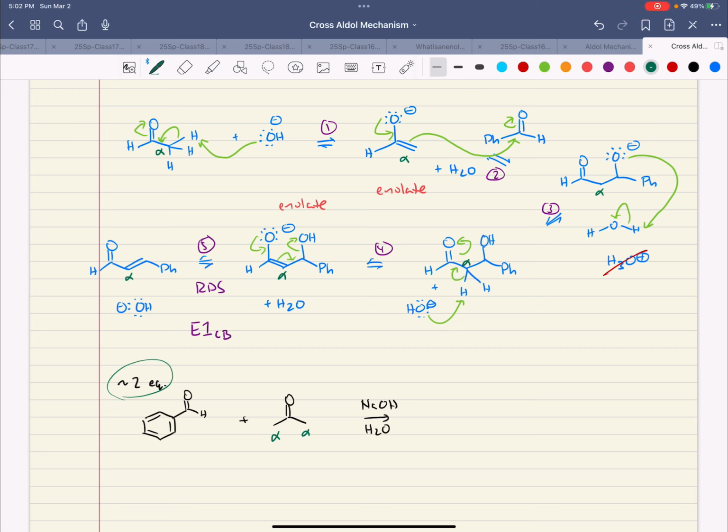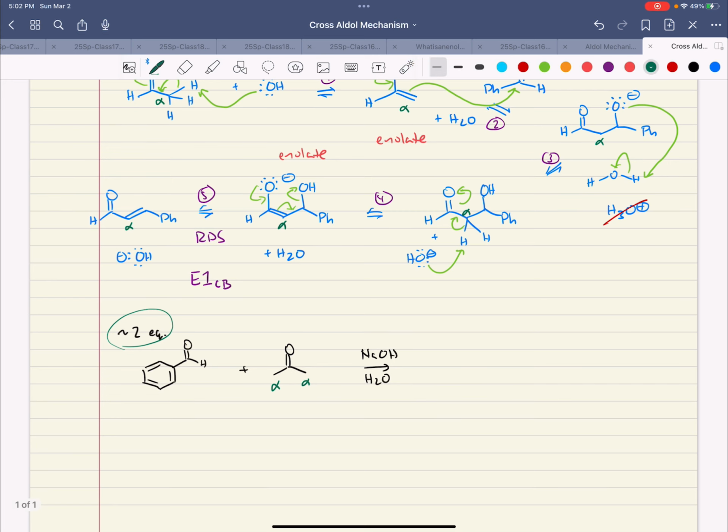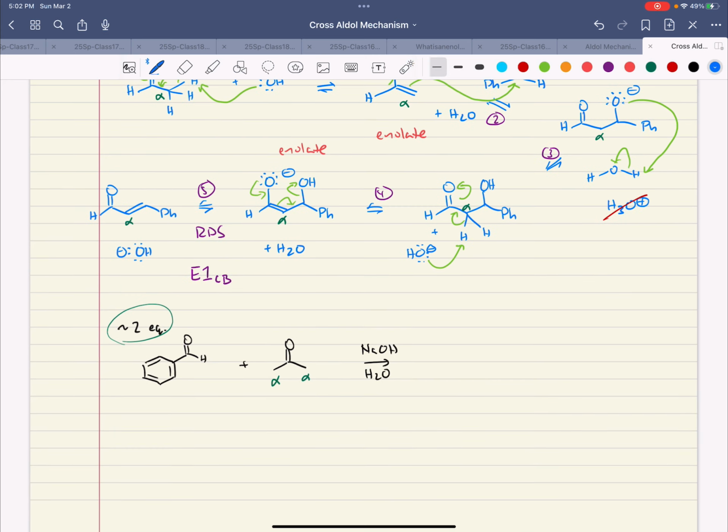But here's the key. I have 2 equivalents, or around 2 equivalents. So I have enough benzaldehyde to add here and to add here. In the lab, for my students, we're doing a double crossed aldol condensation to make a sunscreen ingredient.